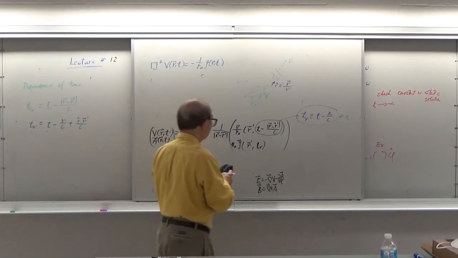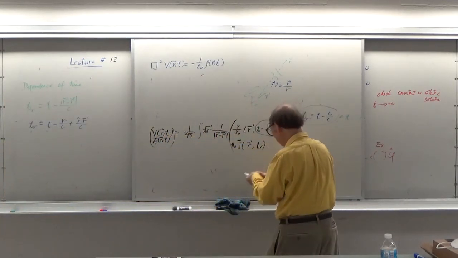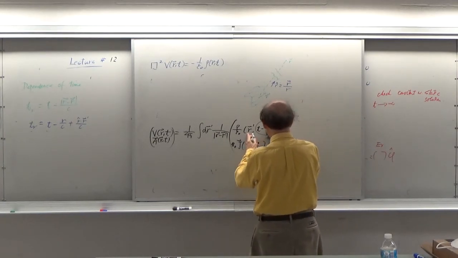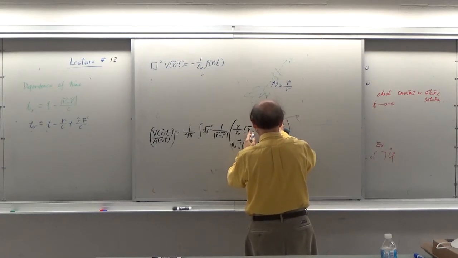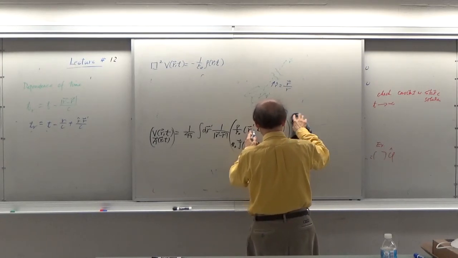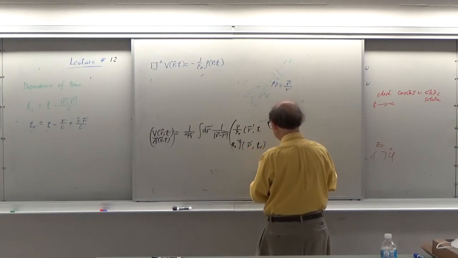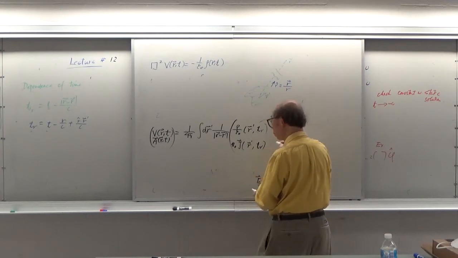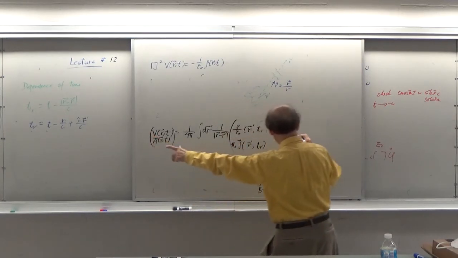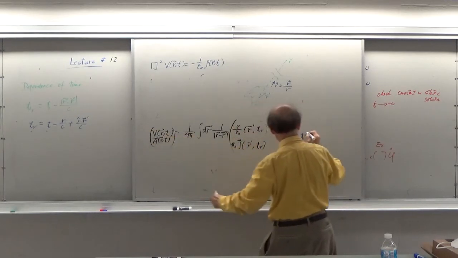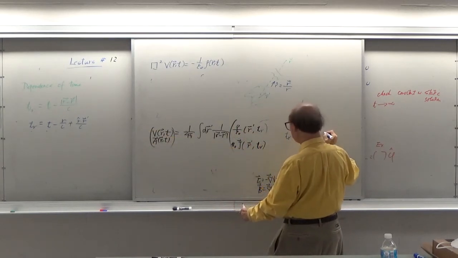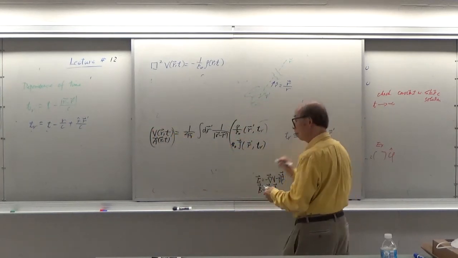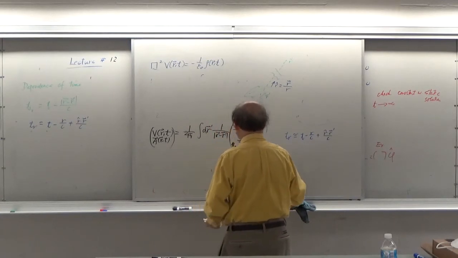So all we have to do is replace this T dependence in the source by the retarded time, with the retarded time being approximately equal to T minus R over C plus R hat dot R prime over C. Okay?